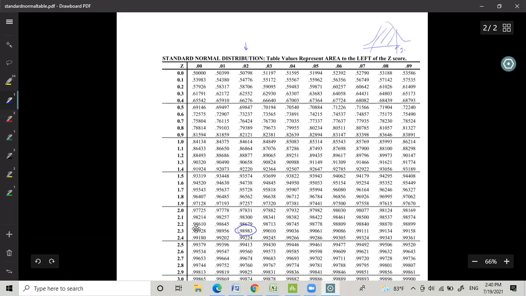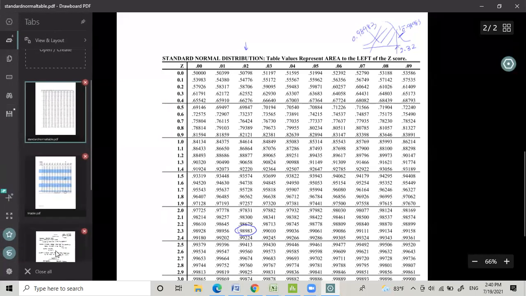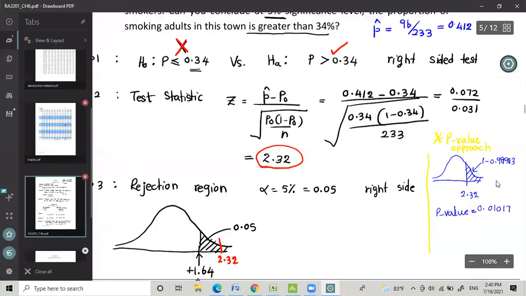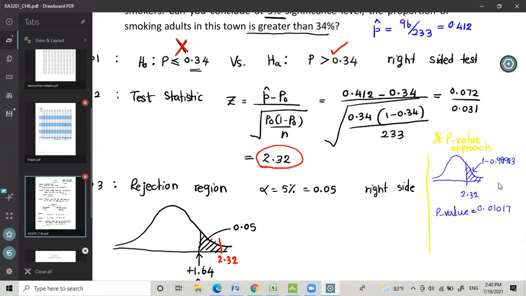For the Z score 2.32, your left tail probability is 0.98983. But what we want is the right tail, right? Your p-value is the right tail. So you do 1 minus 0.98983. Okay? So let's go back to the question. 1 minus 0.98983 is 0.01017. So that is the p-value for your hypothesis test.